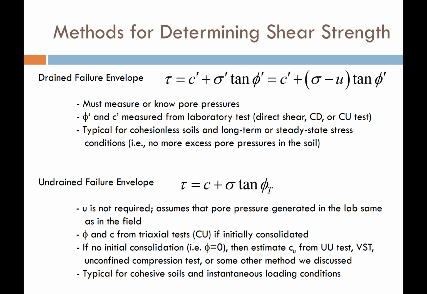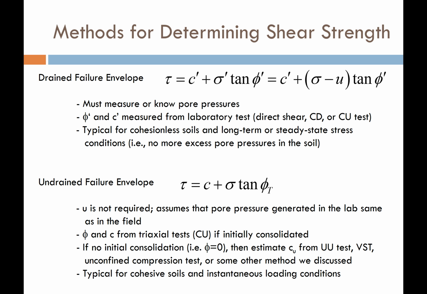So here we are. We've talked a lot about soil shear strength, and we've introduced the concept of drained shear strength and undrained shear strength. We're going to use drained shear strength when we want to look at the long-term or steady-state stress conditions of the soil, when there are no more excess pore pressures in the soil from shear stress or shear loading.